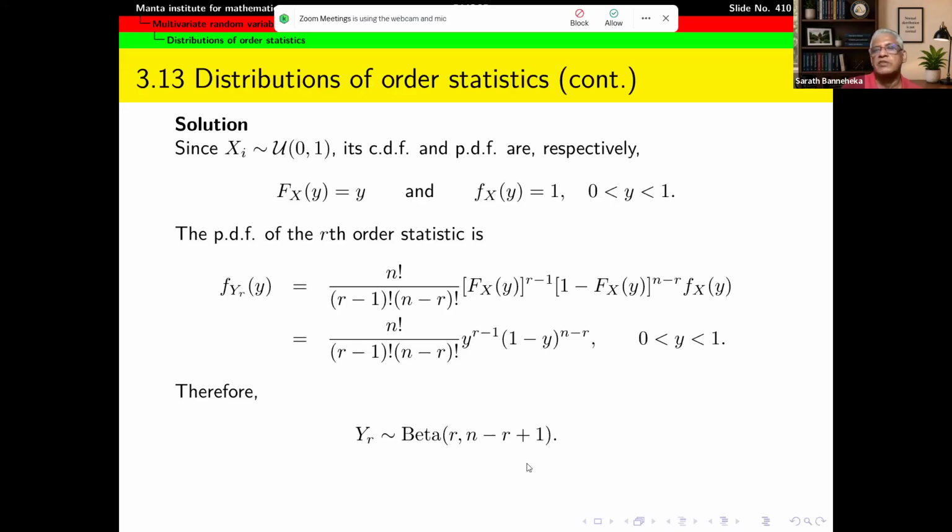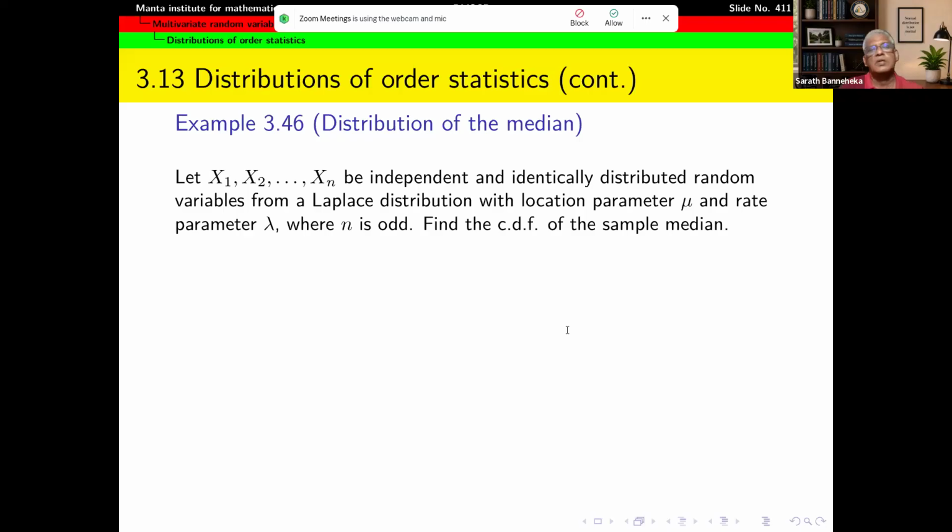But in that case, we had only 1,000 values. A better histogram would have been obtained using about 10,000 values. Then, of course, we could have superimposed the actual theoretical density on top of the density histogram, and they would have been very close, right?